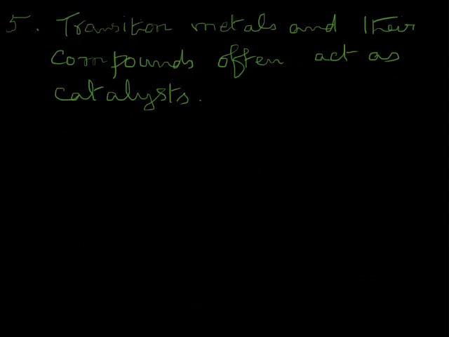Transition metals and their compounds often act as good catalysts. You have a large number of examples. Nickel, palladium or platinum can catalyze hydrogenation of alkenes and alkynes. Vanadium pentoxide acts as a catalyst in the contact process of manufacture of sulfuric acid.